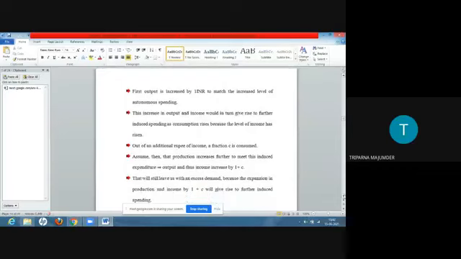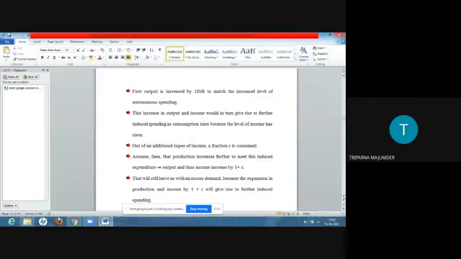First, there is a 1 rupee rise in autonomous spending. Then, output is increased by 1 rupee to match the increased level of autonomous spending.